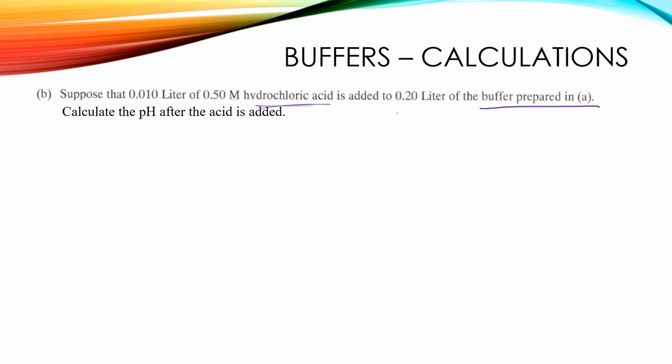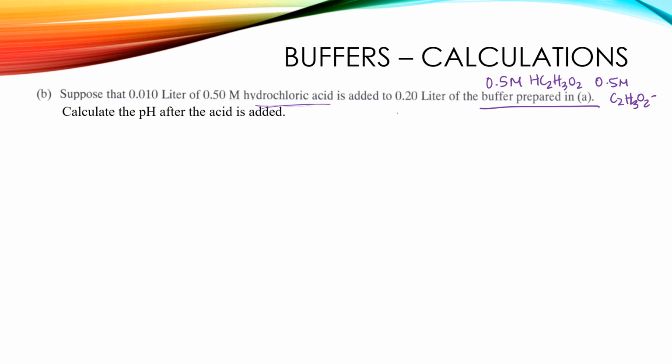So the buffer prepared in this previous slide was 0.5 molar acetic acid and 0.5 molar acetate. And if you recall, we formed that buffer by neutralizing half of the acetic acid with hydroxide to form the acetate. But in the end, we ended up with half a molar of each.